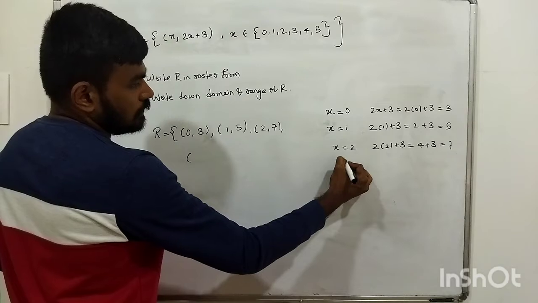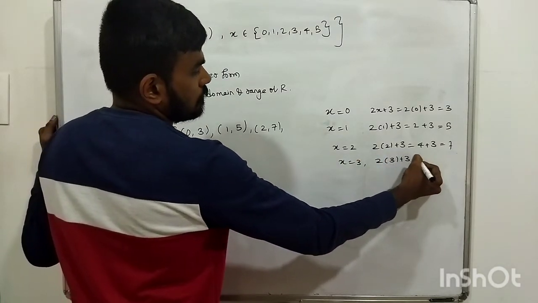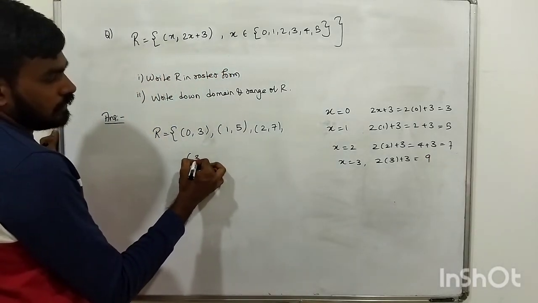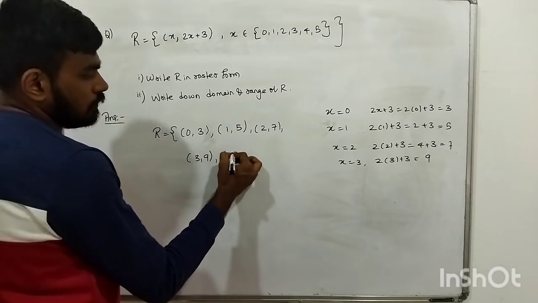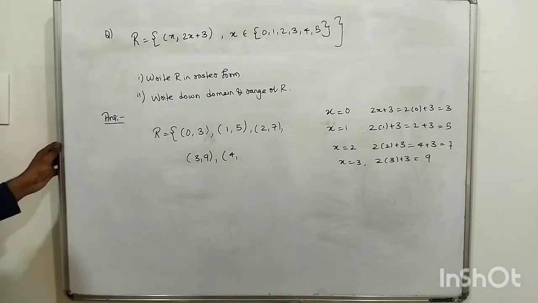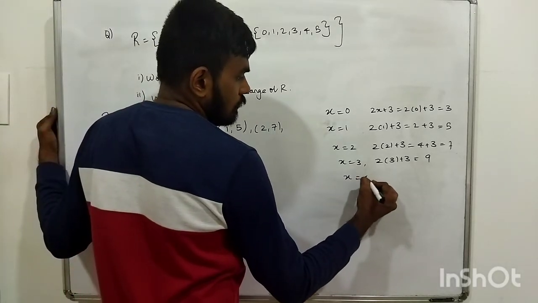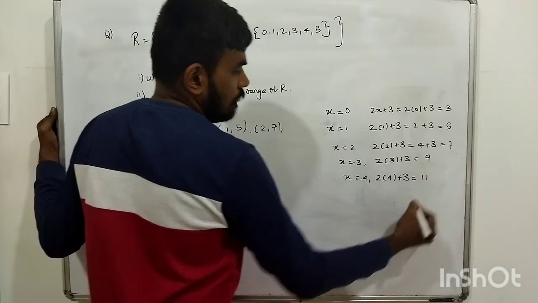Then when x is equal to 3, this will be 2 into 3 plus 3, which is 9. When x is equal to 4, it will be 2 into 4 plus 3, which is 11.